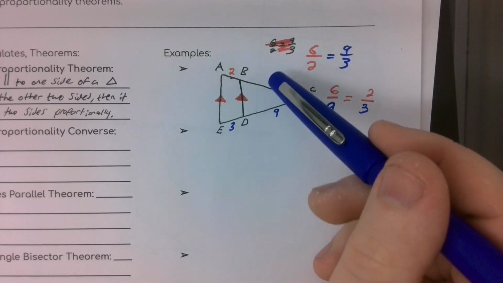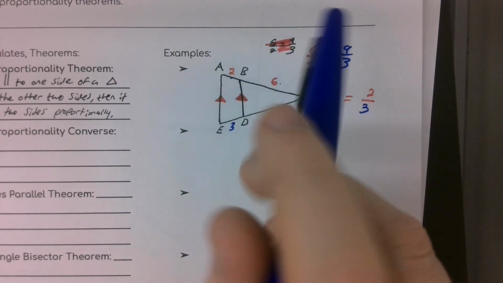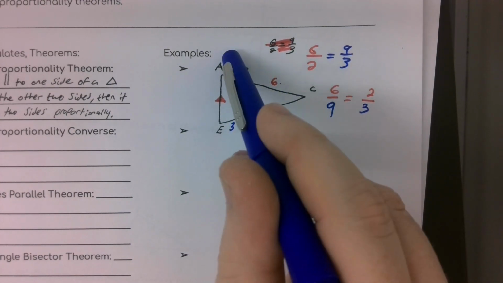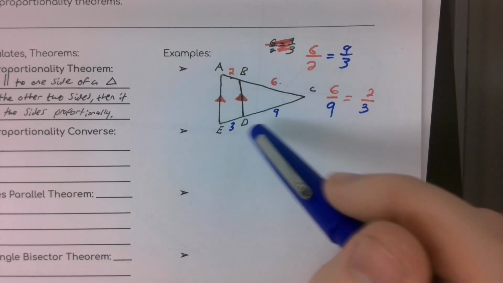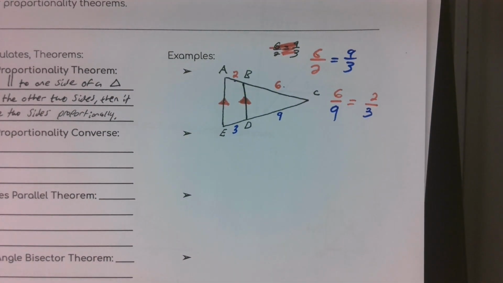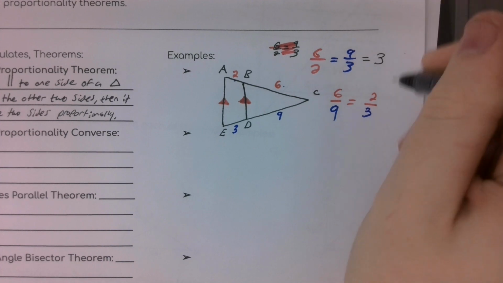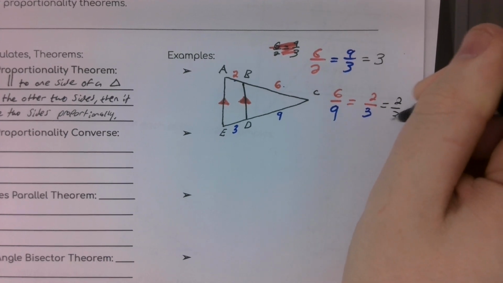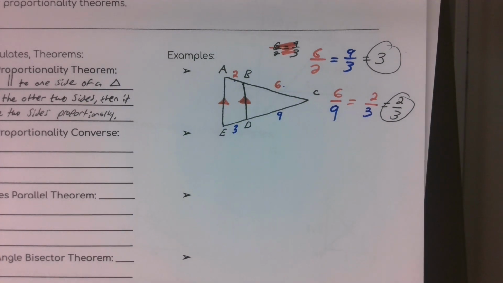I see no difference in comparing 6 divided by 9 to 2 over 3, as opposed to comparing 6 divided by 2 on this top side to 9 over 3. It's the same deal. In fact, you will see that while we get different numbers, like 6 over 2 and 9 over 3 are 3, whereas these are 2/3, it's still consistent, they're still proportional.